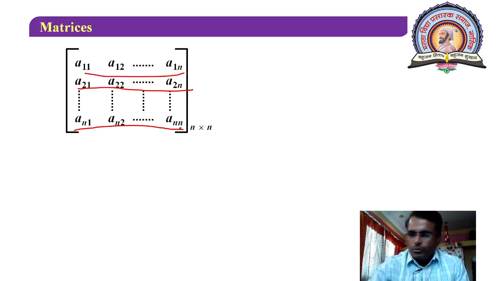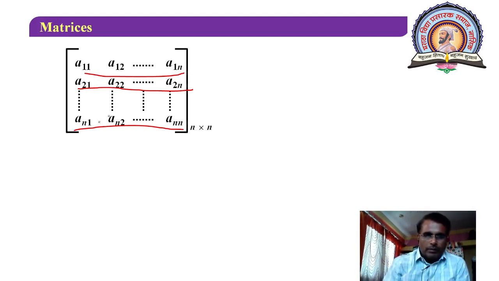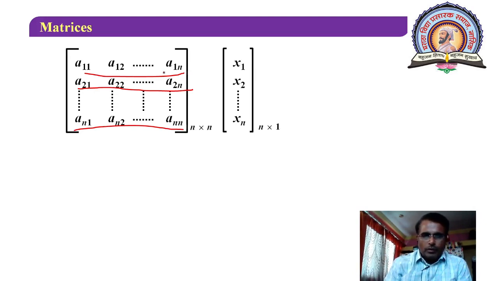These are the elements of matrix A. Similarly, x1 x2 up to xn is the matrix of variables, and it is equal to b1 b2 up to bn, the matrix of right hand side constants.